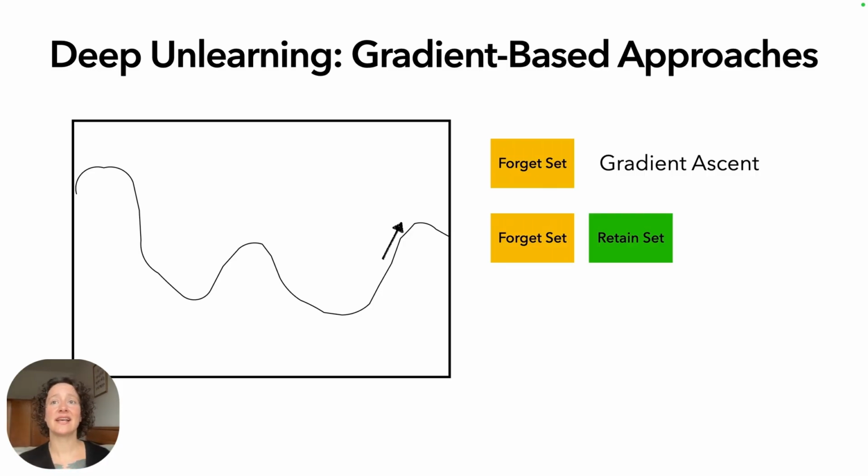And this retain set is information, hopefully somewhat intertwined with your forget set. As in, let's say your forget set is a particular class. Let's say you want to forget about cats. I don't know why you'd want to do that, but let's say you have to forget about cats. Well, perhaps in the retain set, you have lions or something like this, if that's what you want to retain.